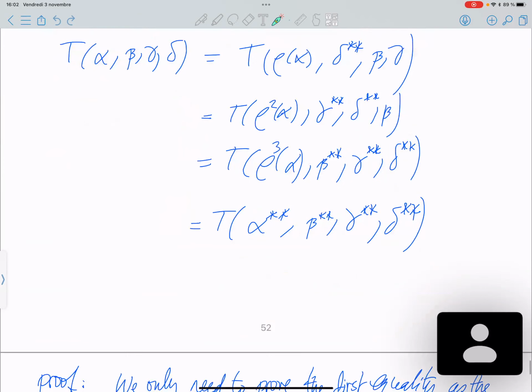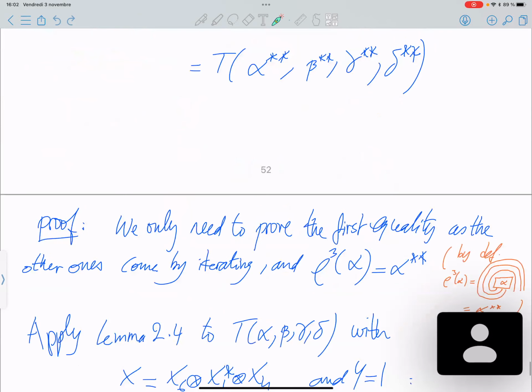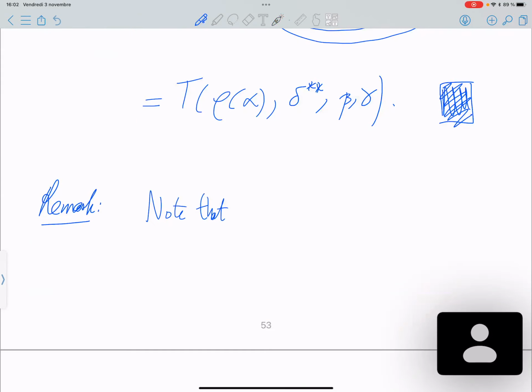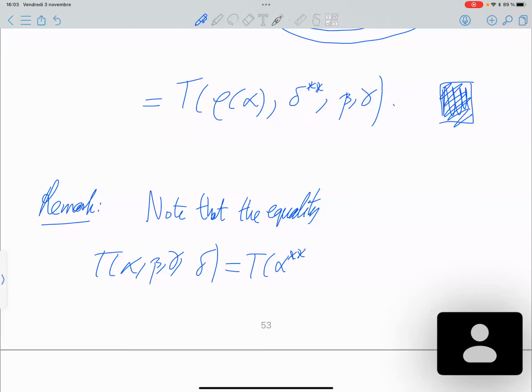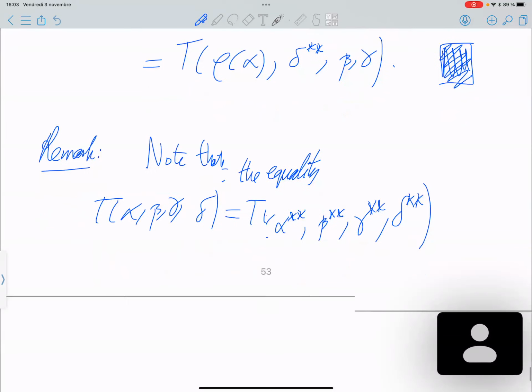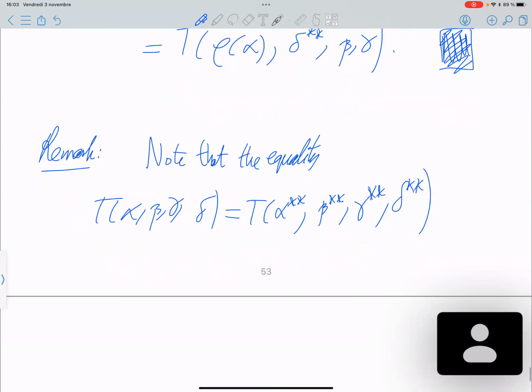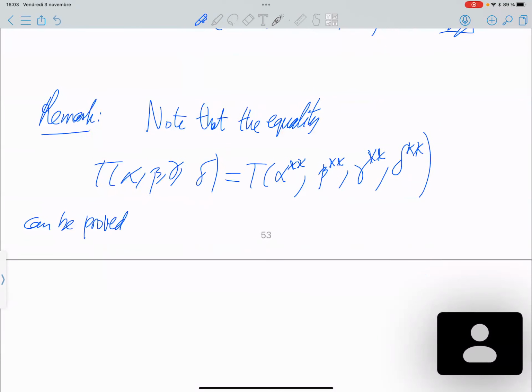Anyway. So, note that the equality T of alpha, beta, gamma, delta equals T of alpha double star, beta double star, gamma double star, delta double star can be proved directly in the pivotal case.